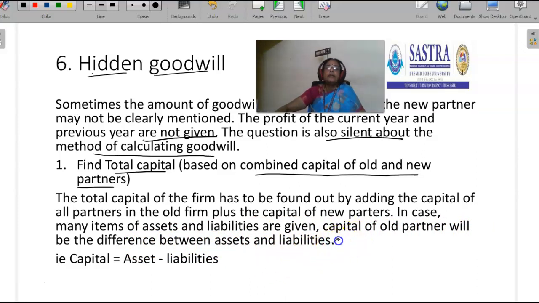I hope you know the basic concept in accountancy: capital is equal to assets minus liability. So, first we have to find out the total capital, which means addition of both old partners' capital as well as the new partner's capital.